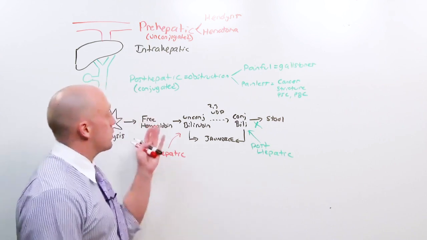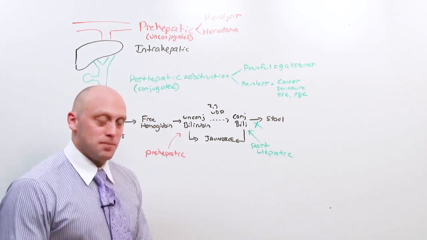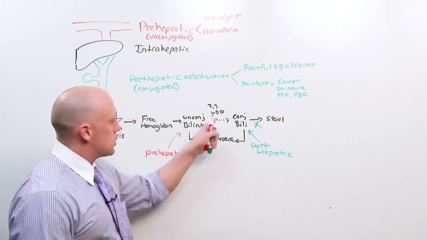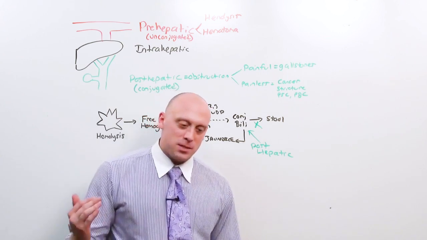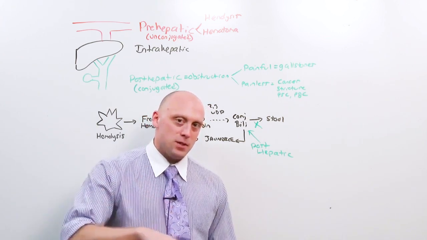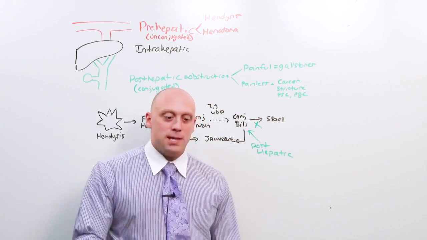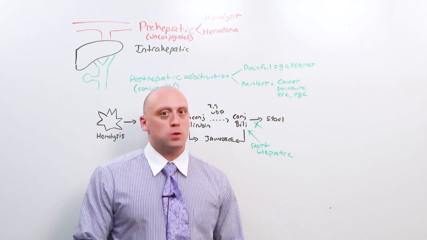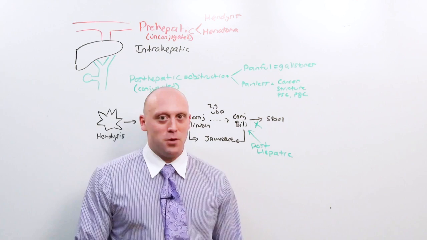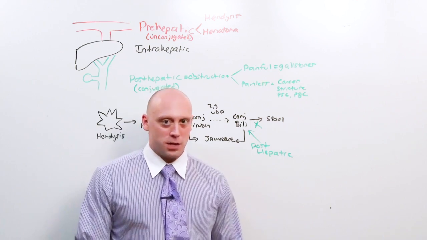I saved intrahepatic for last because it's the most complicated. It's more than just UDP-glucuronosyltransferase. There's an enzyme that has to get the unconjugated bilirubin into the liver, then conjugation, and then another enzyme that excretes it into the biliary tree. Depending on what's broken decides whether there's an elevation in conjugated or unconjugated.